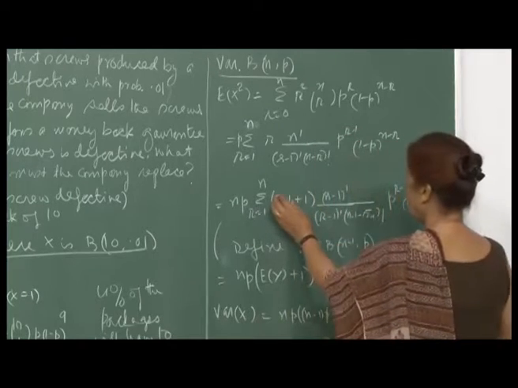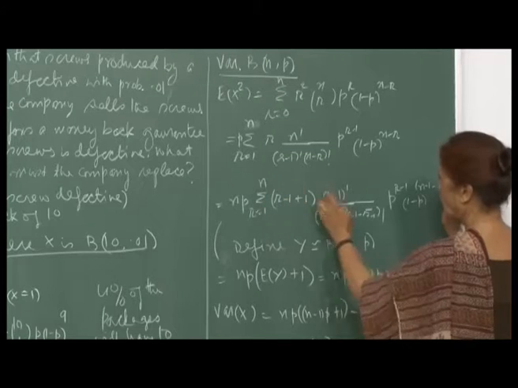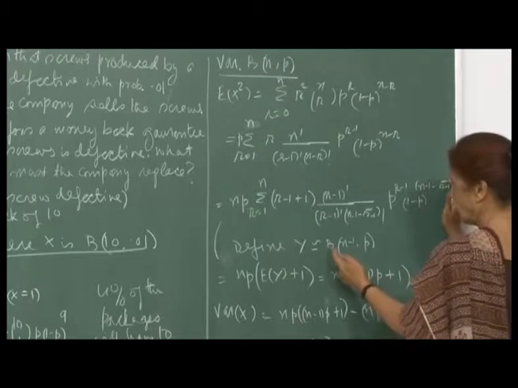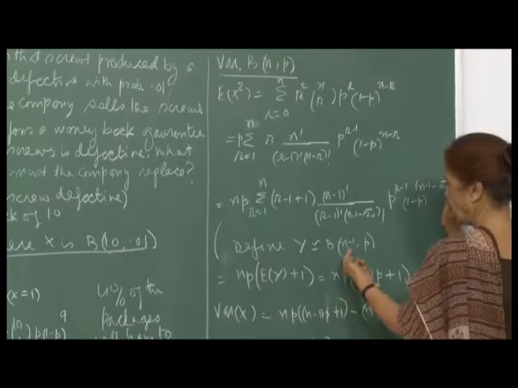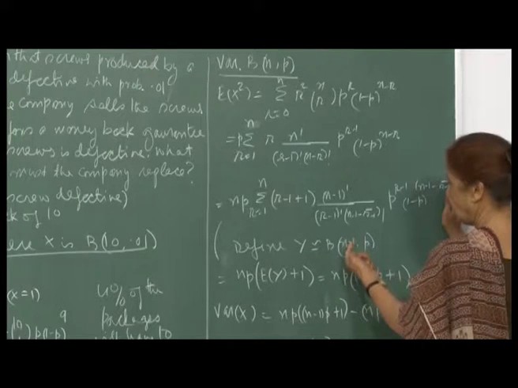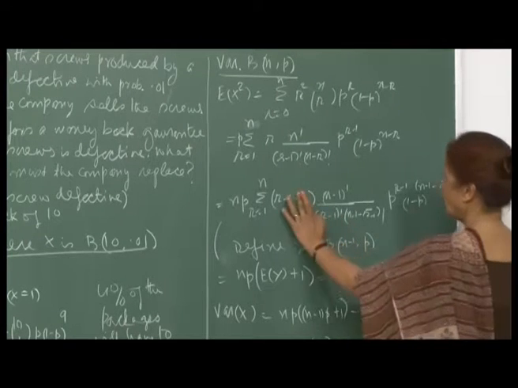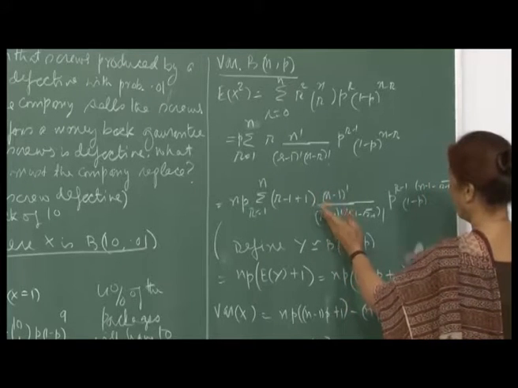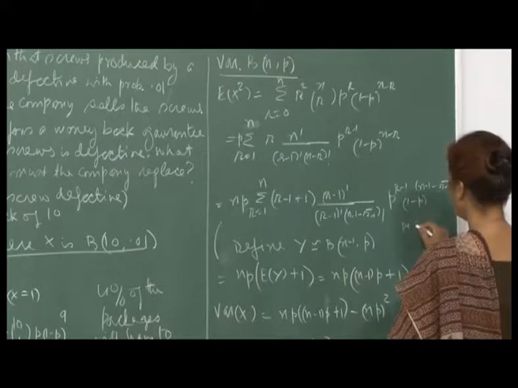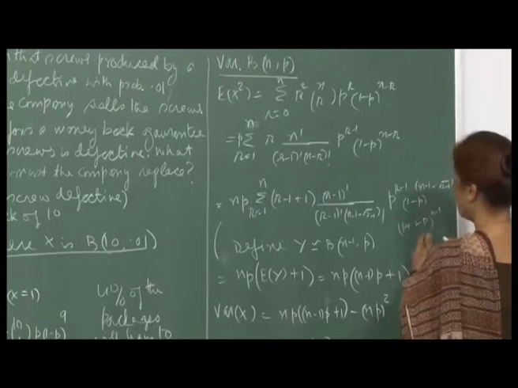So, r minus 1 into this term, summation r from 1 to n, will give you the expectation of binomial n minus 1 comma p. Therefore, that will be n minus 1 into p, plus 1, and then this summation, again the same thing, p plus 1 minus p raised to n minus 1, that is equal to 1.